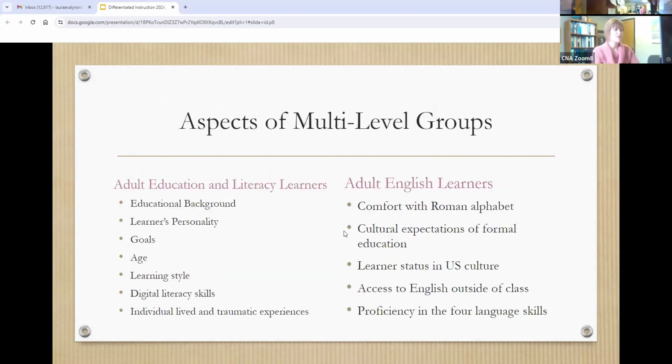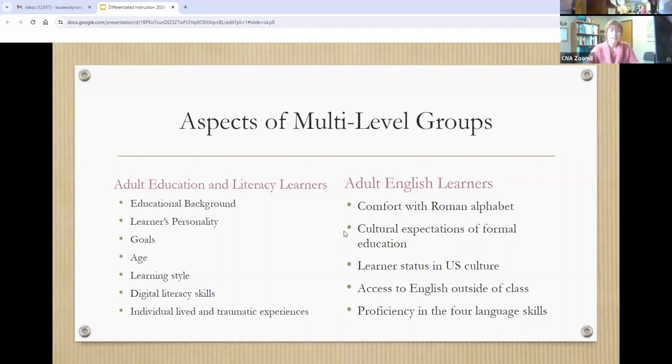Okay, and here are a few more, and your comments are also, I think, encompassed on these lists for adult education and literacy learners on the left side, and specific to our adult English learners on the right side. So the left column would include adult English learners as well as native English speakers.